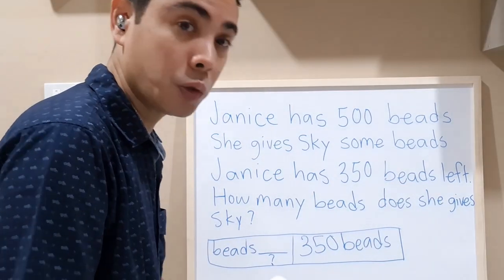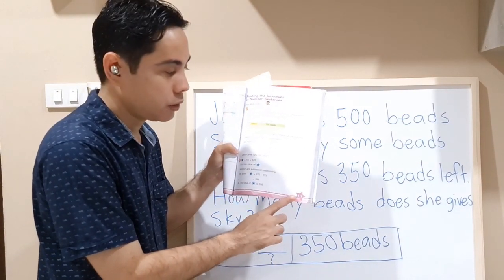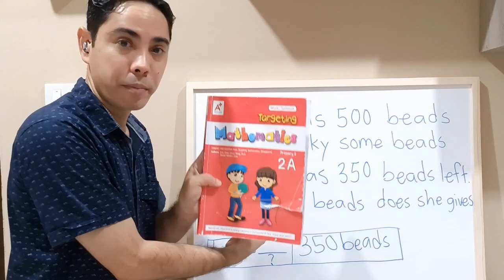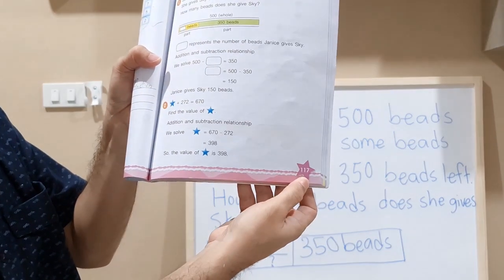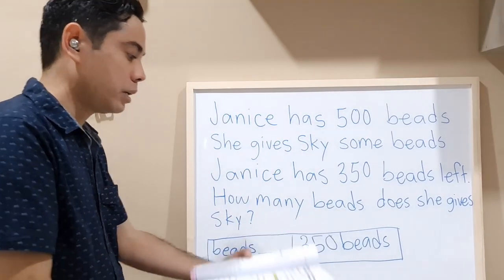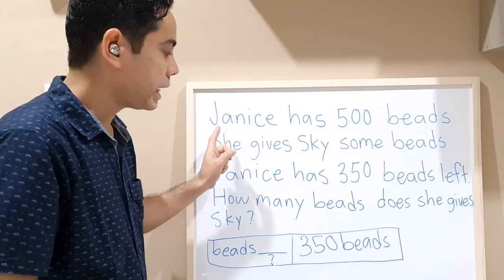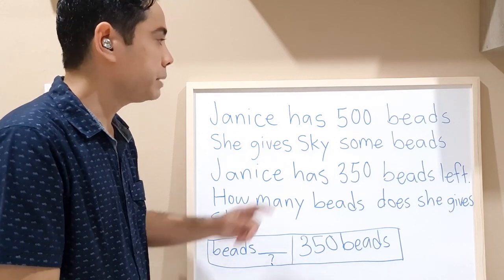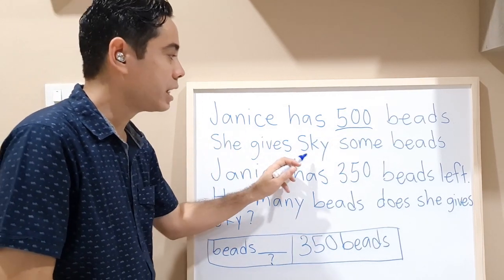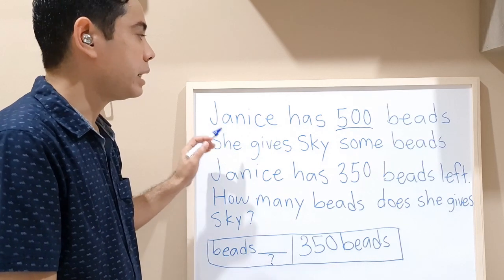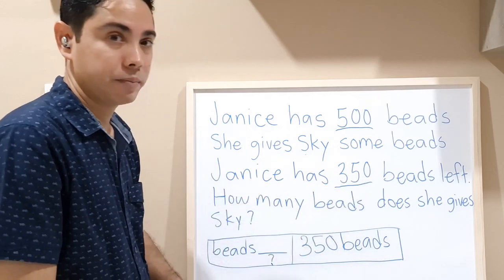Okay, let us continue learning subtraction. Open your book on page 117. Janice has 500 beads. She gives Sky 350 beads.